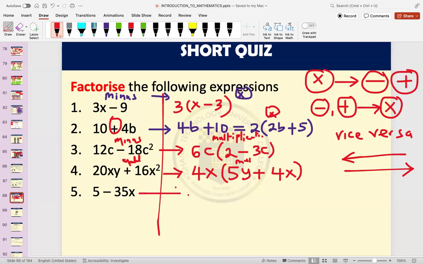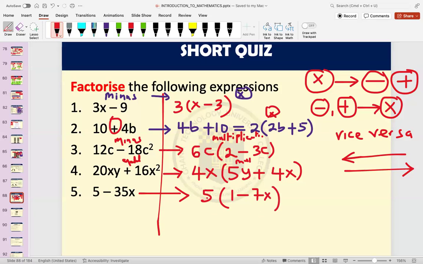Let's look at the last one. 5 minus 35x. The common number between 5 and 35 is 5. So within the bracket, we'll be left with 1 minus the 35, we'll be left with 7.